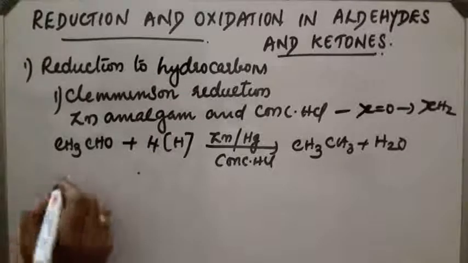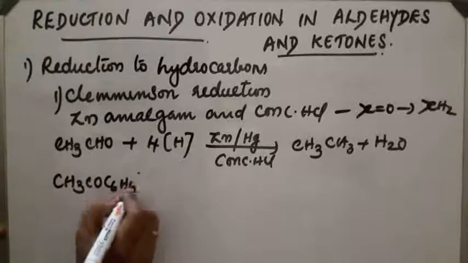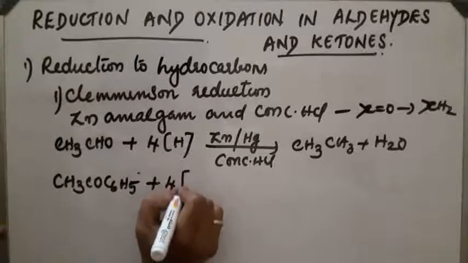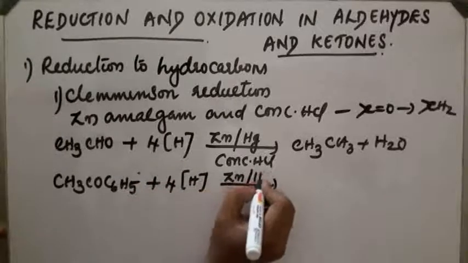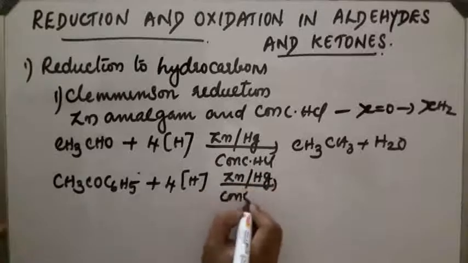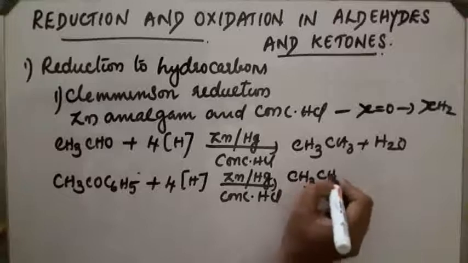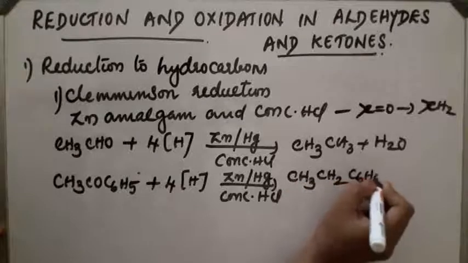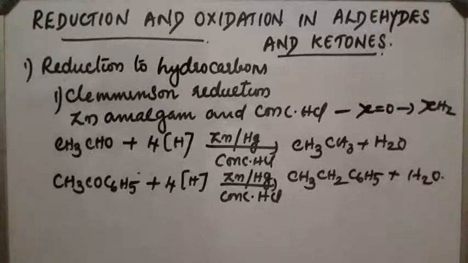Next, let us take one ketone, CH3COC6H5 plus 4H. A similar reaction takes place with zinc amalgam and concentrated HCl, giving CH3CH2C6H5 plus H2O. This is the first method.